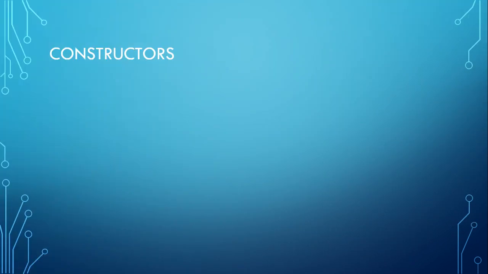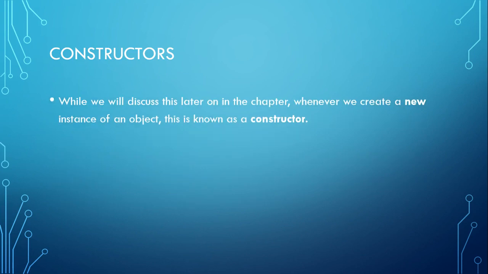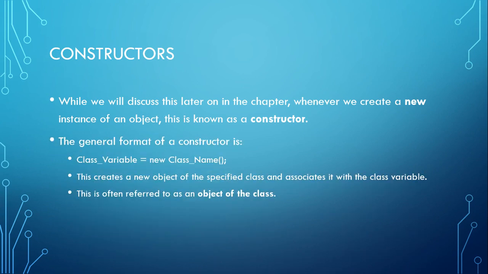We now need to talk about constructors, which we will discuss later in the chapter. When we create a new instance of an object, this is what is known as a constructor. The general format of a constructor is the following: you have the class variable equal to new, which is that keyword we just talked about, then the class name.